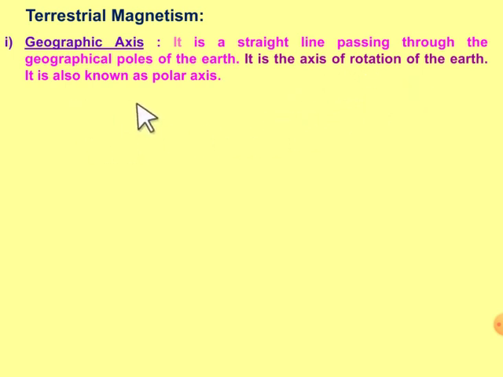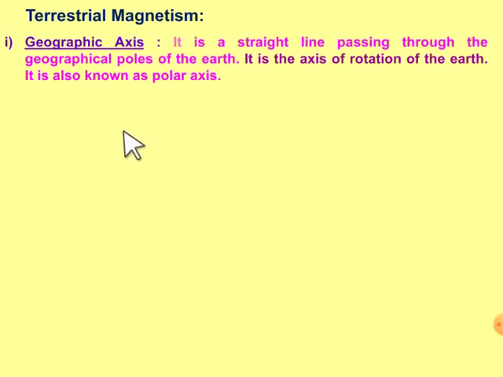It is also known as the polar axis, because it passes through both the poles, the north pole as well as the south pole of the earth. We call it geographic because it passes through the geographic north pole and south pole. The geographical north and south poles are different from the earth's magnetic south and north poles. We will come to that later on.